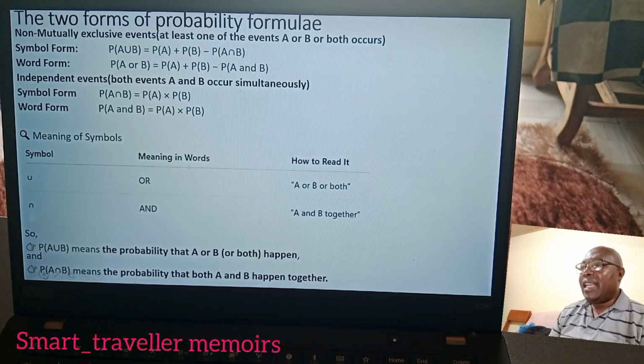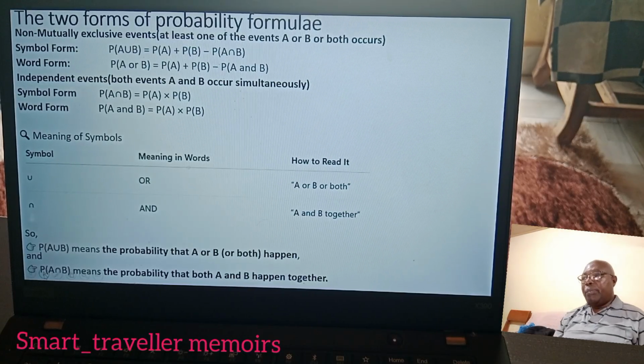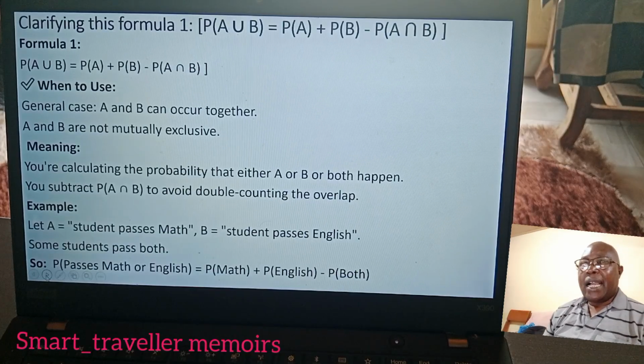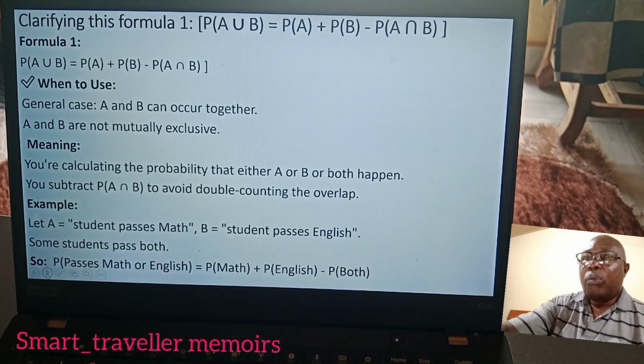How to read it is A and B together. So P, A union B means the probability that A or B or both happen, and P, A intersection B means the probability that both A and B happen together. Remember, guys, we are repeating this so that when you do this, probability will be very easy.